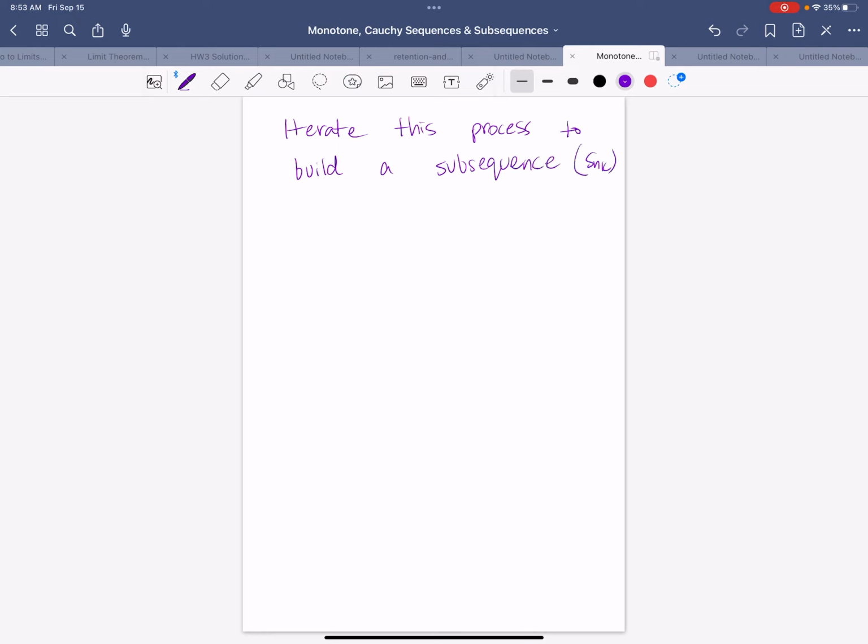to build a subsequence, Snk, such that the distance between Snk and t is less than 1/k, right? This implies my Snk is going to converge to t.